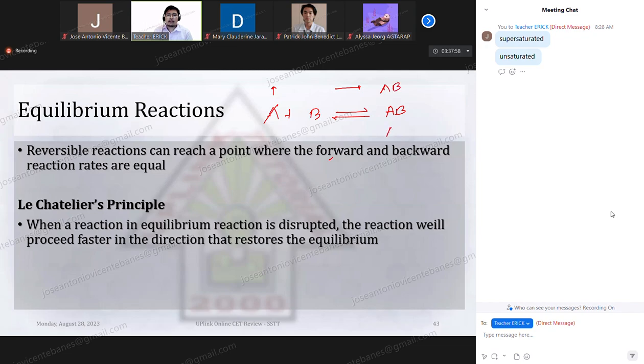But if you're going to add AB in the reaction, you have to make sure that all the reactants are also established, and therefore you have to balance it. It has to have an equilibrium. Le Chatelier's principle is applicable when an equilibrium reaction is disrupted. The reaction will proceed faster in the direction that restores the equilibrium.